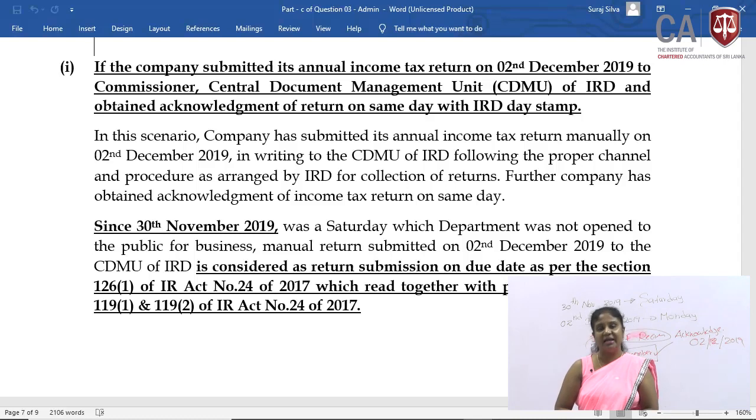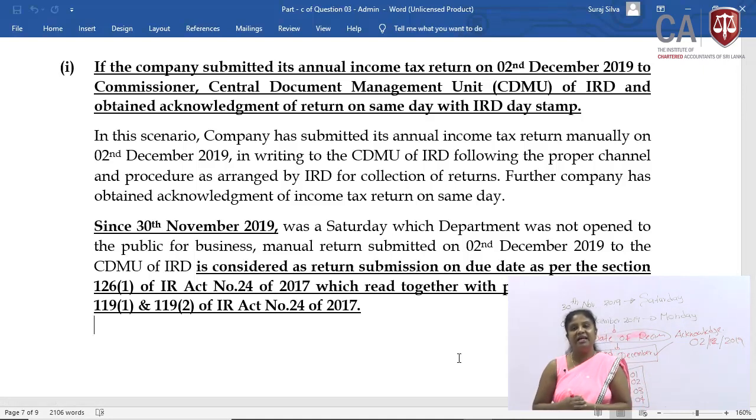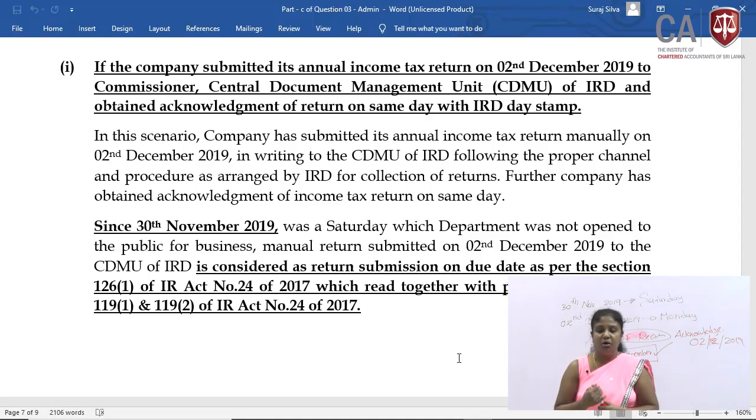Now go for my conclusion. Since 30th November 2019 was a Saturday, the department was not open to the public. That means the department is not prepared to obtain the return. It is closed, and then open to the public for business.